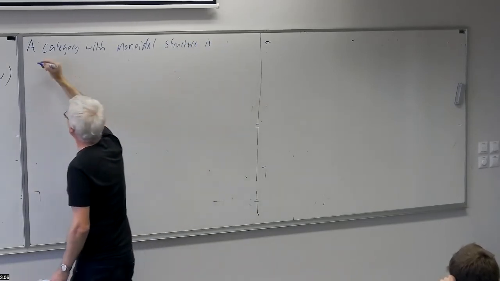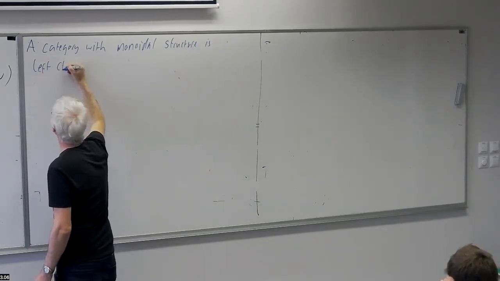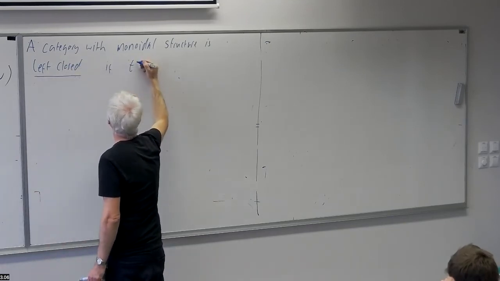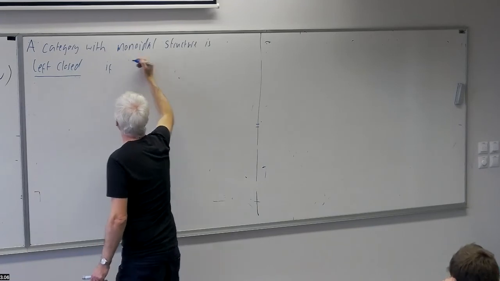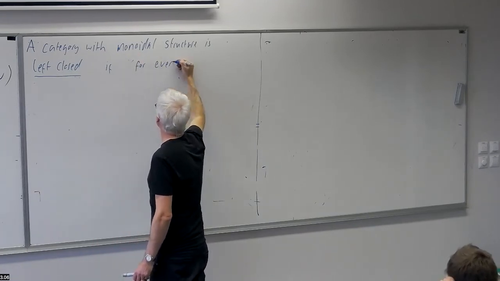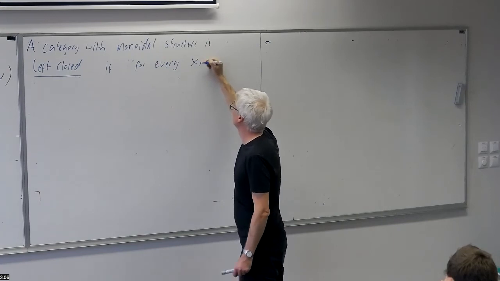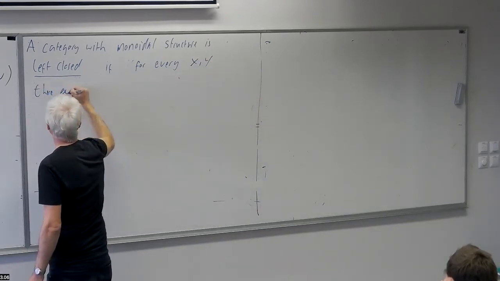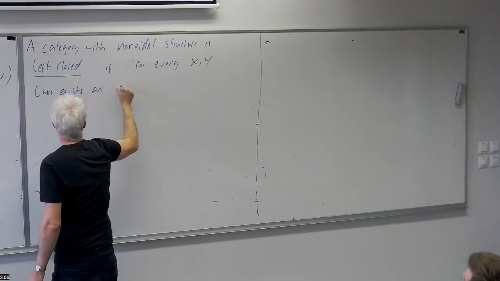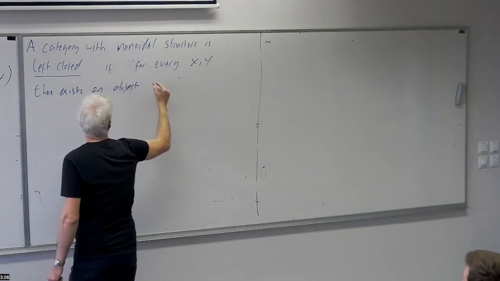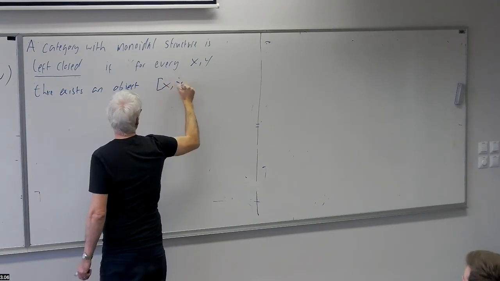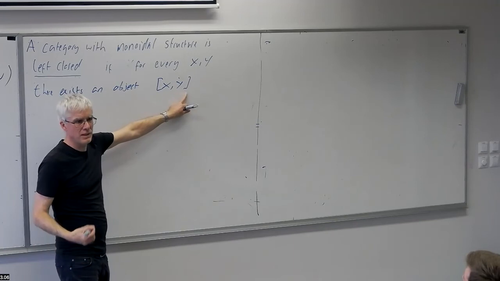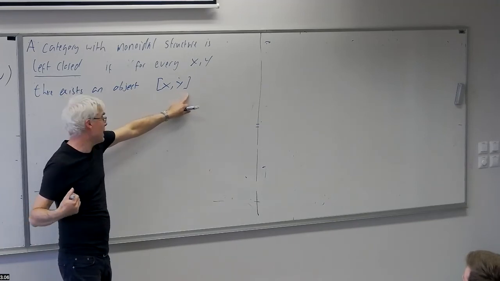is what's called left closed if for every pair of objects x, y, there exists an object which I'll write like this, which we think of as an object of functions from x to y, just like a product object we think of as a product set or something.